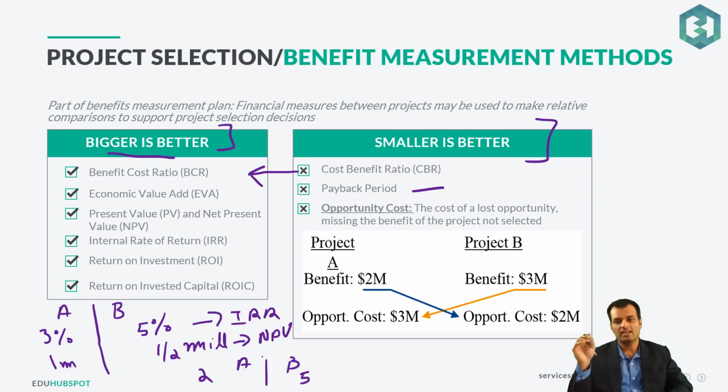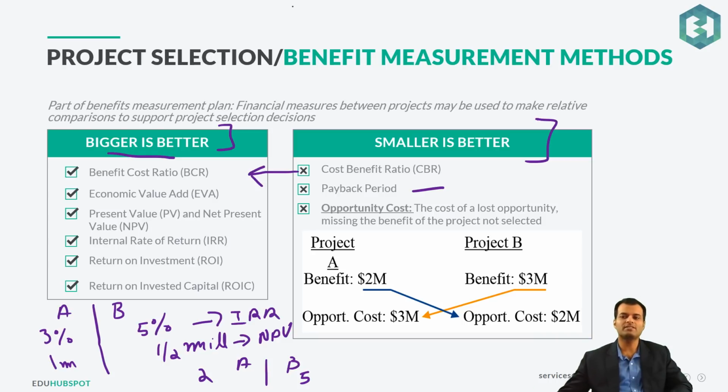They have said A has a IRR of 3%, NPV of 1 million and payback period of 2 months. Which project will you select? And on the other hand side, B has an IRR of 5%, NPV of half a million and payback period of 5 months. So now which particular project to select?